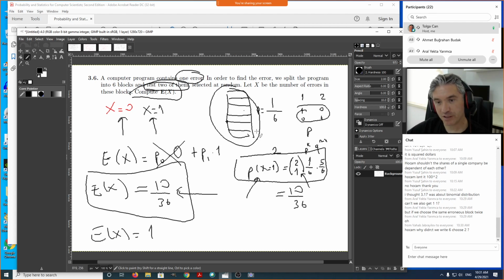If we had written 6 choose 2, then we should actually say also, we shouldn't compute the probability like this. 6 choose 2 is the possible ways to choose these two blocks. So it's our total space.